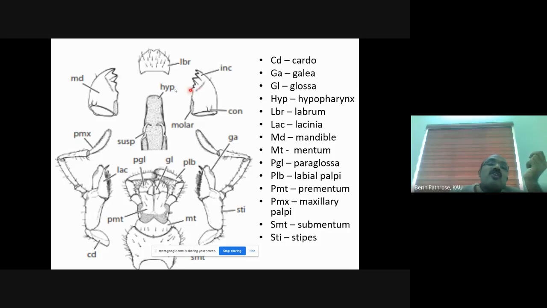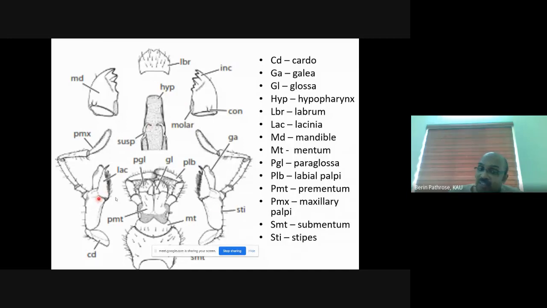This is the anterior most part and this is the posterior most part. It consists of labrum, that we have seen when we discussed the areas or regions of insect head. On either side, we have heavily sclerotized mandibles just like our teeth.